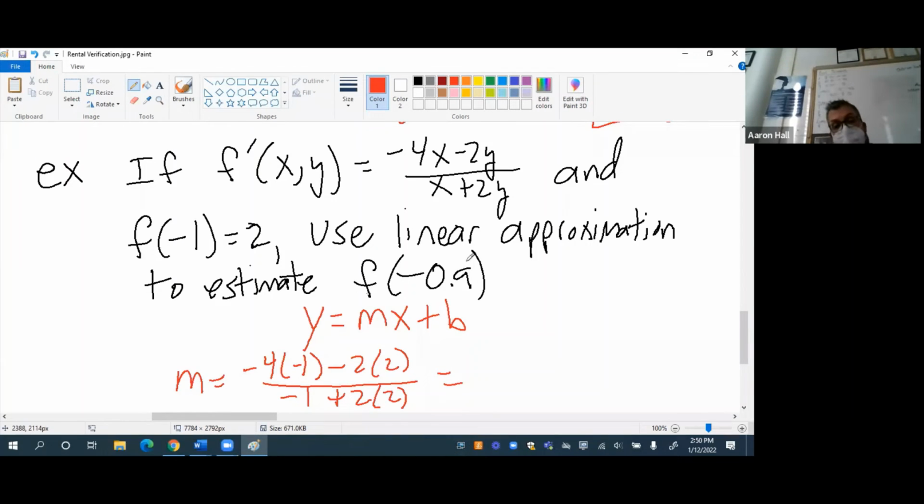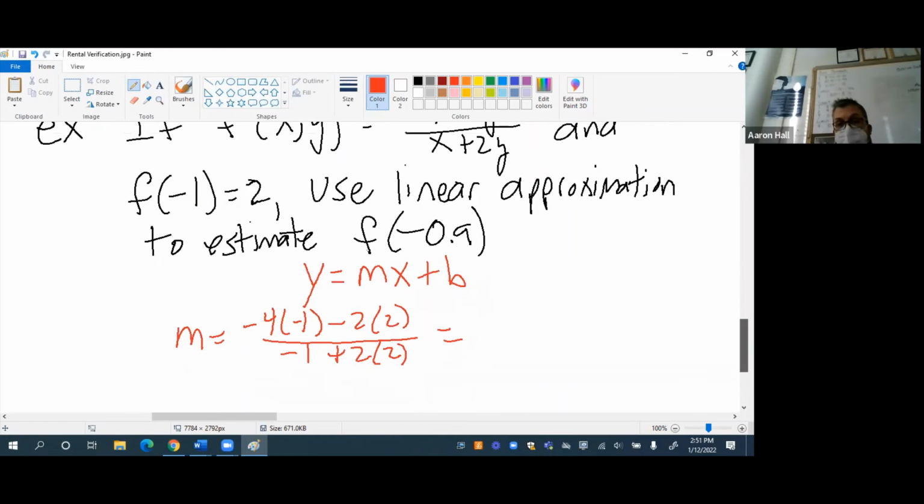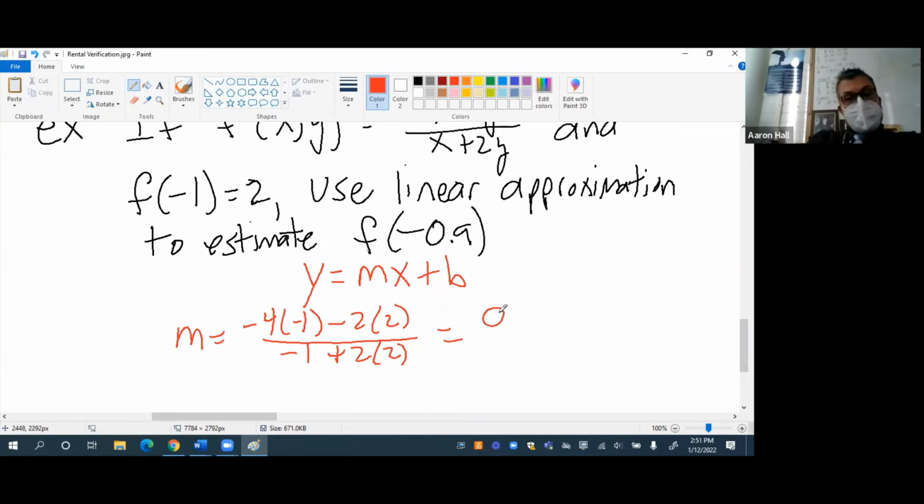Emma, are you okay with that? What's the answer to that? It has zeros in the numerator, so it's just 0.